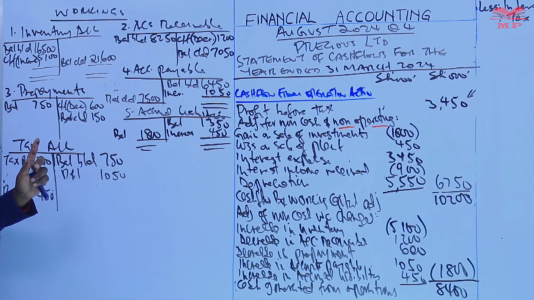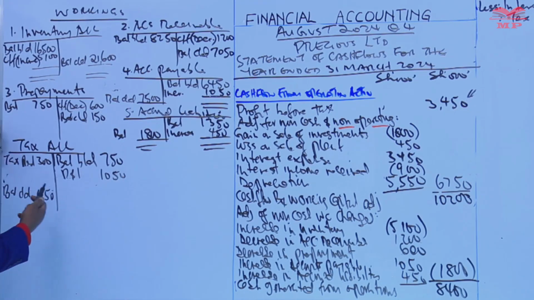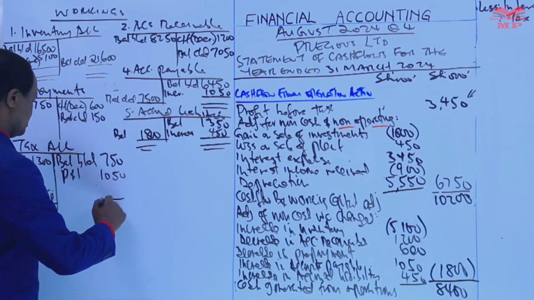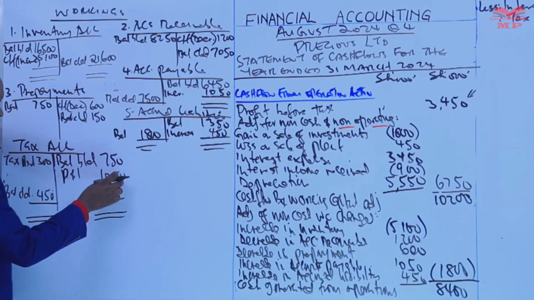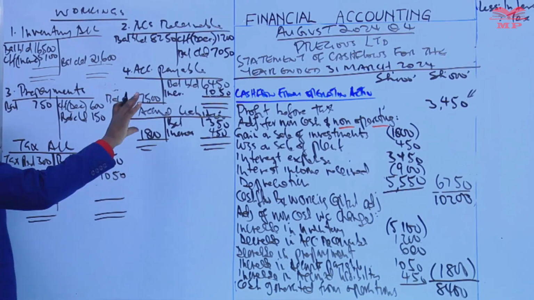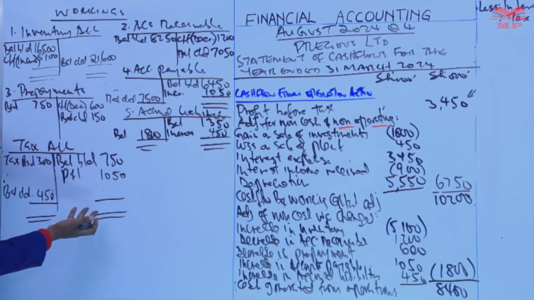We still need to check for any other information in the question on tax. Do we have any other information on tax? If there is no other information on tax, then let's balance off this account and find out if there was any tax that was paid. This is just tax for the year, just calculated, but when it comes to payment, we get the difference.